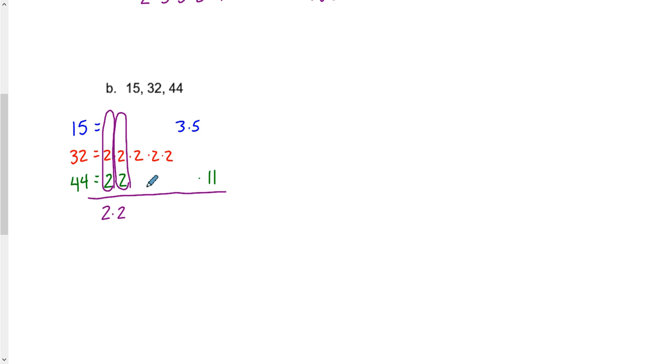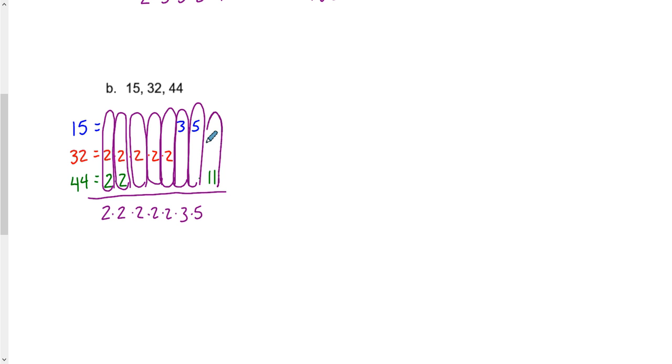Do you need to actually do all this circling? Not necessarily. It's just an organizational tool to help make sure that all of my work is in line and in order. At the same time, there's no 3 in any of them, so I'm just going to circle my 1, 3. There's no other 5.